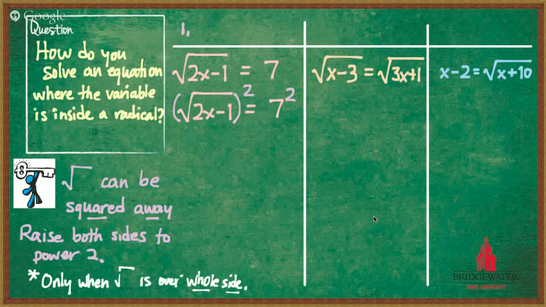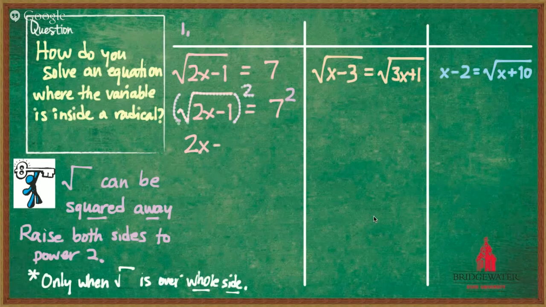And again, the entire purpose of doing that is that the square on the left and that radical with an index of 2, in other words, the square root, are going to cancel one another out, which was the entire point. What we're trying to do here is cancel out that radical so that I can get just 2x minus 1 on the left-hand side. And on the right-hand side, 7 squared is 49.